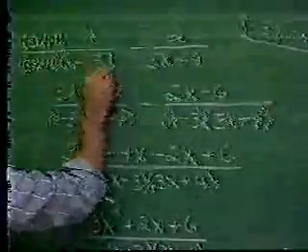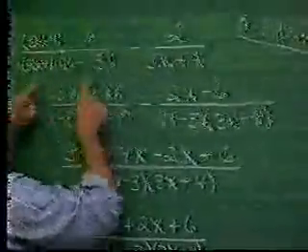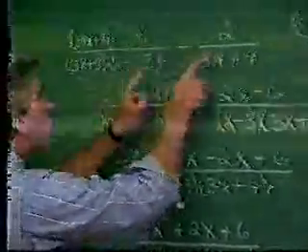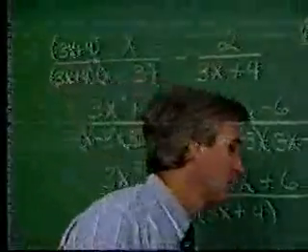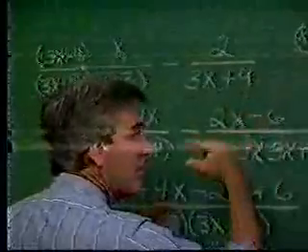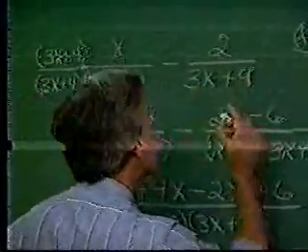Now, it may be helpful for us to write this denominator in parentheses here. Now, to go to our next step, we'll simply do the multiplication implied in the numerator. X times 3x, 3x squared, x times 4, 4x. For this one, we're going to multiply into the denominator x minus 3, the missing factor, the factor that's needed to complete that common denominator.